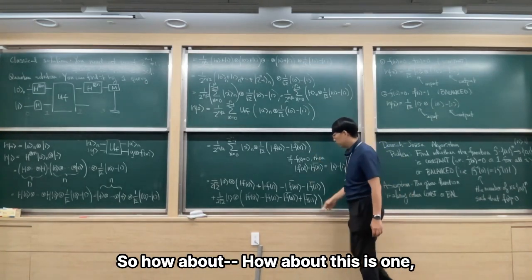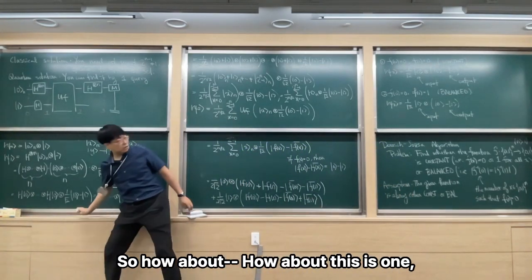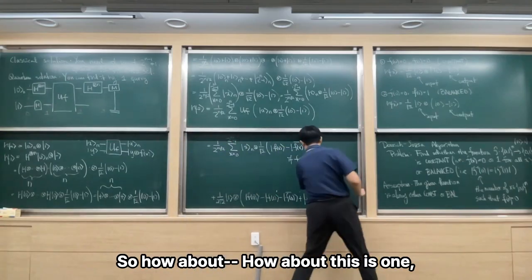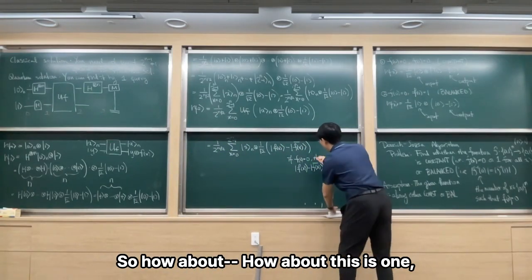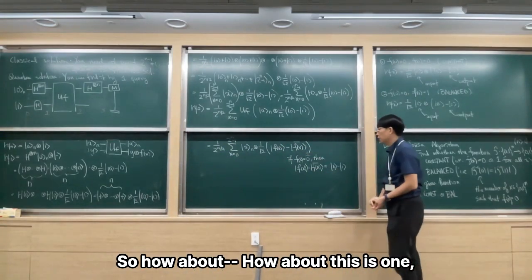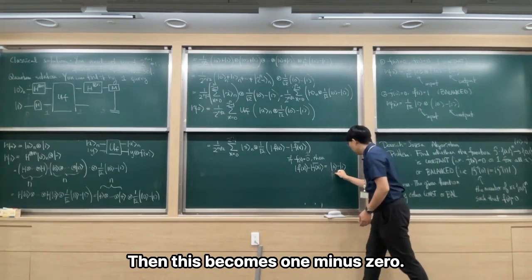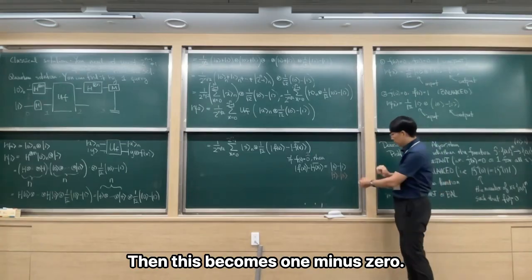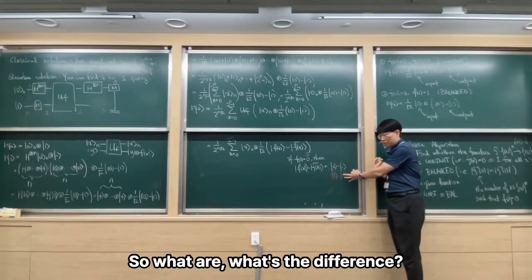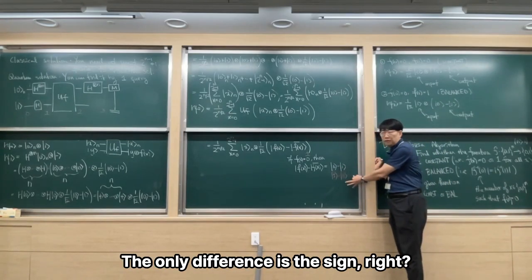How about if f of x equals 1? Then this becomes 1 minus 0. So what's the difference? The only difference is the sign, right?